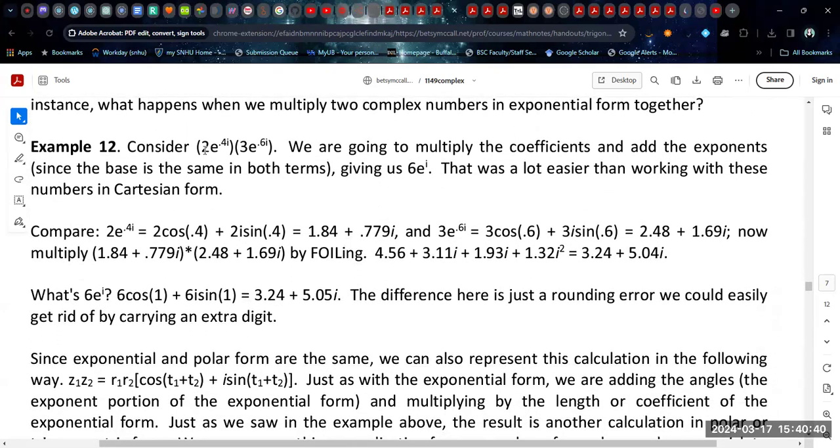So let's consider multiplying 2 complex numbers in exponential form. So remember how this works. We would multiply the coefficients, but when you're multiplying 2 numbers with the same base, you add the exponents.